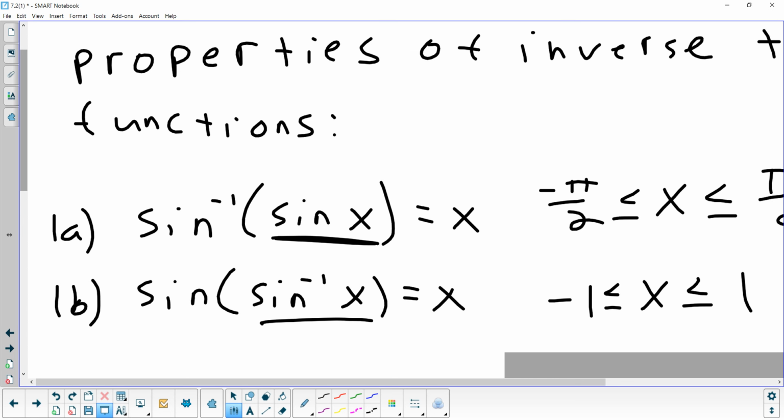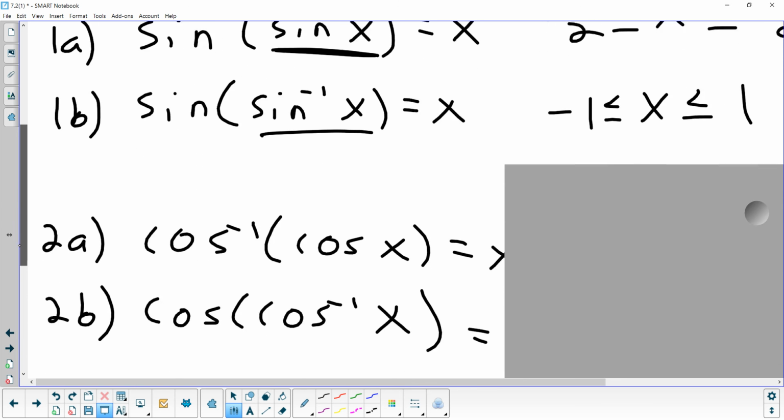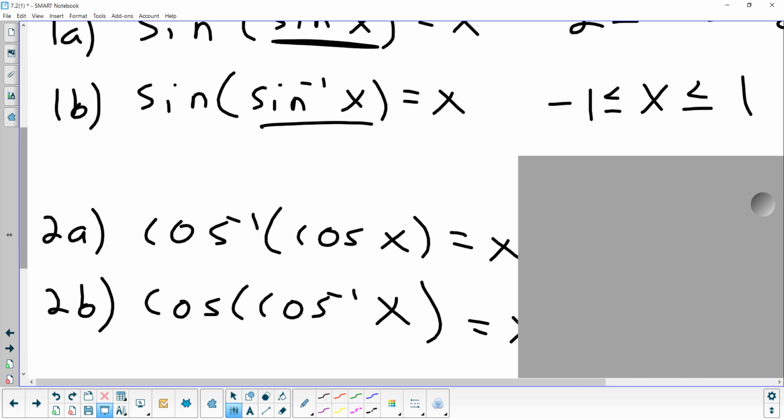So all these formulas, I've got 6 of these formulas, and they're all like this. They're all based on conditions involving the domain of the inner function. So let's look at these two. These are for cosine. Inverse cosine will cancel out regular cosine in formula 2a if you plug in a value between.